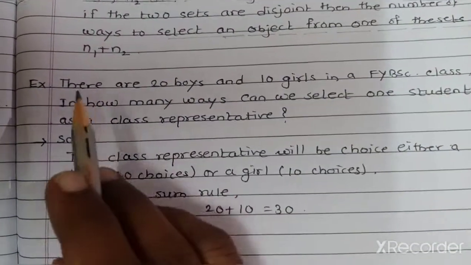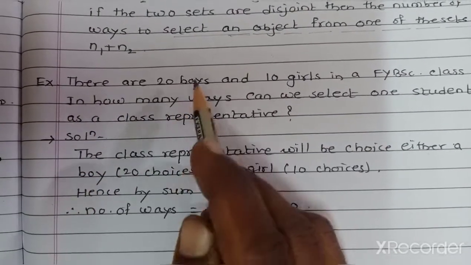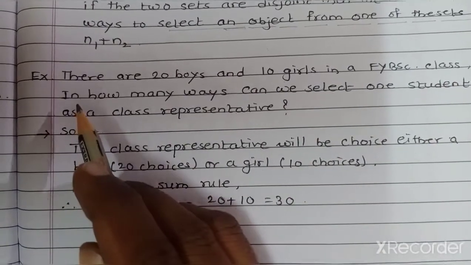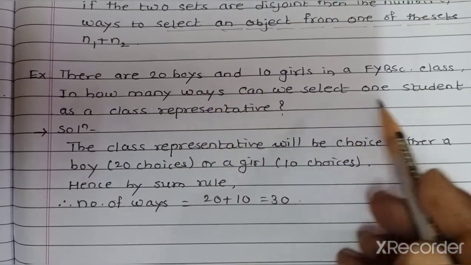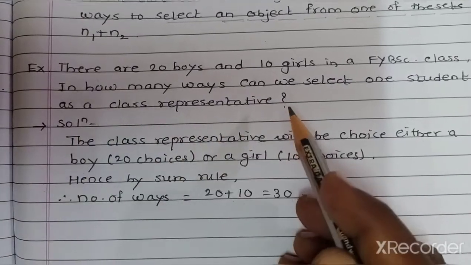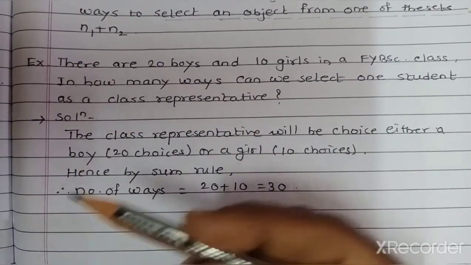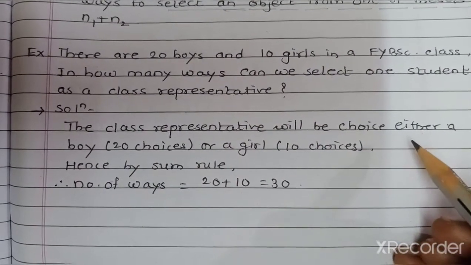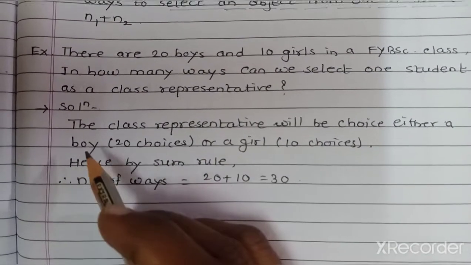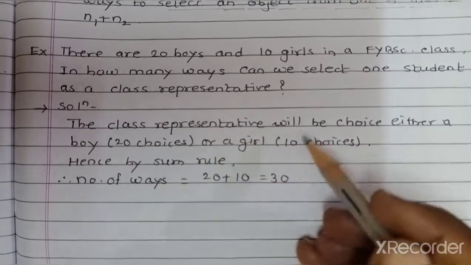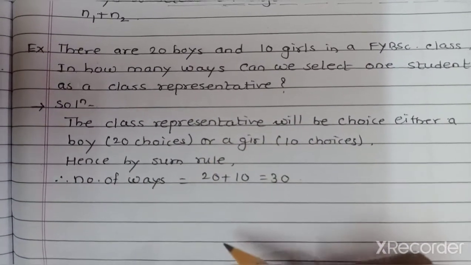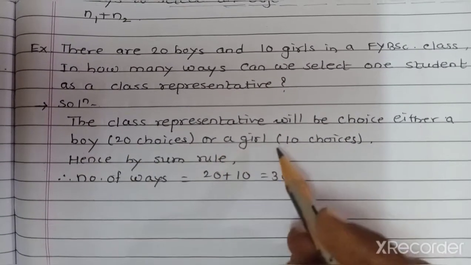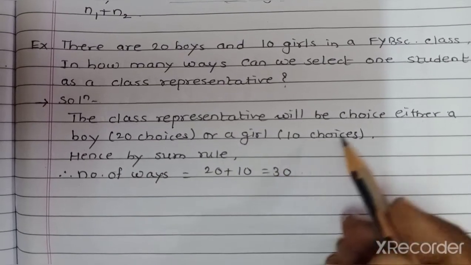So see here is an example. There are 20 boys and 10 girls in a F5 BSc class. In how many ways can we select one student as a class representative? So we already know that the class representative will be chosen either from the boys or from the girls. So if we have to choose from the boys, so 20 choices, or if we have to choose from the girls, so it is 10 choices.